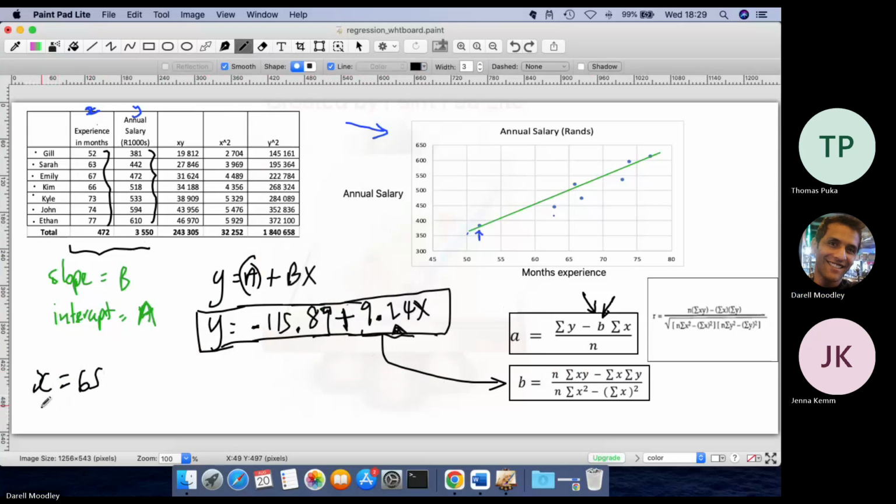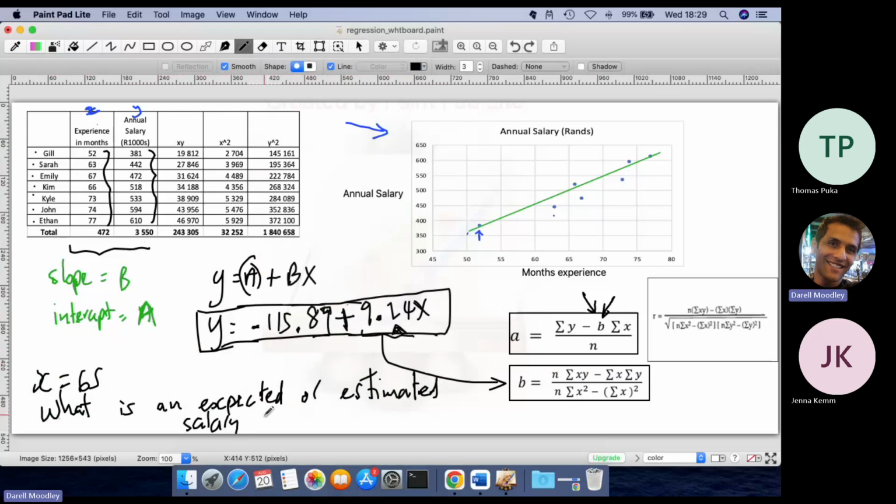The question is, what is an expected or estimated salary for someone with 65 months of experience? That's the question.